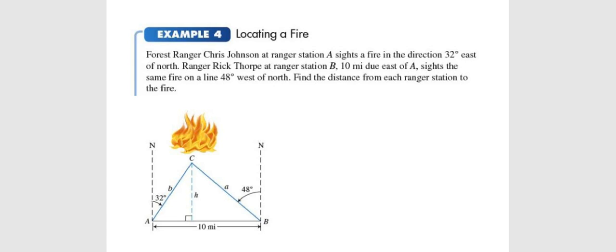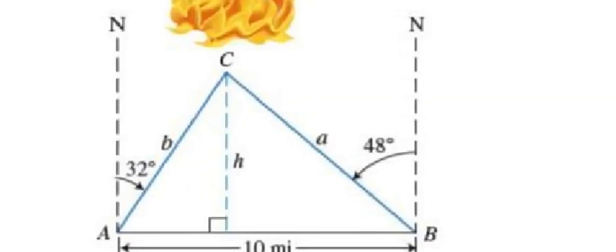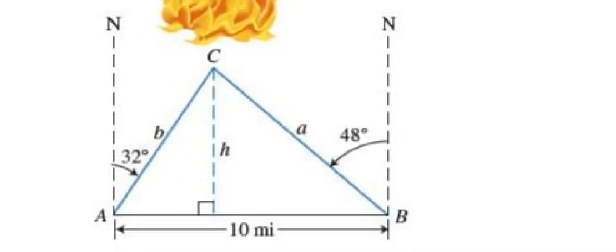So Forest Ranger Chris Johnson at Ranger Station A sights a fire in the direction 32 degrees east of north. Now, they show you that in the picture. I don't know if you're aware of what they're saying, so I'll zoom in on it. But north, and they're going 32 degrees east of that.